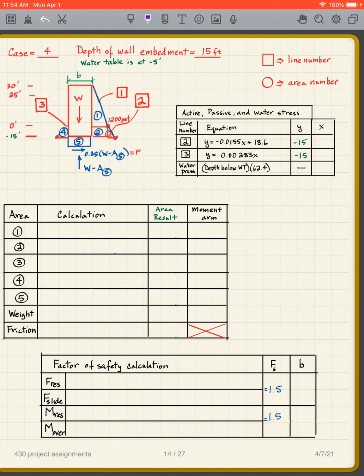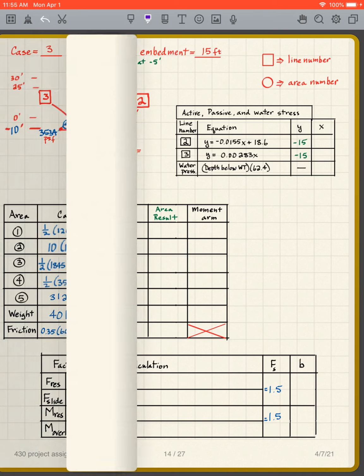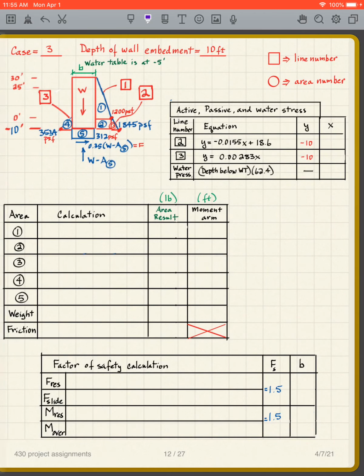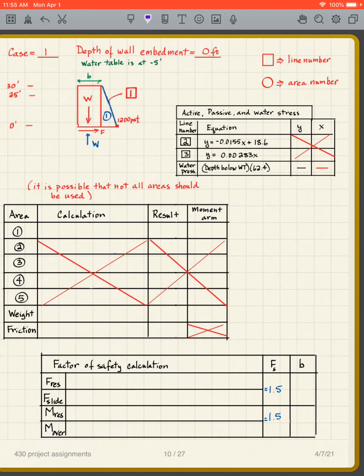In a sense, you're going to do these 4 cases. I am going to show you how to do case 3. That's the way I'm going to guide you through this. I'm going to lay this out, and what we have is you need to fill out a number of tables.